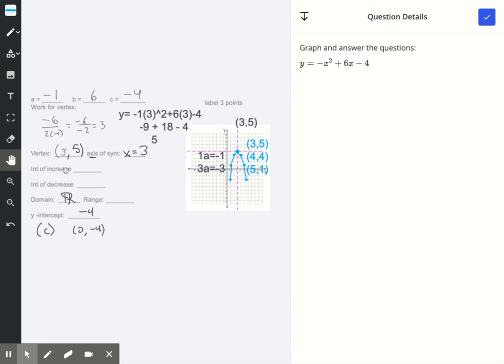Now, the interval of increase and decrease match my axis of symmetry. So see how it's helpful to have this purple line now? Okay. So let's say I was a little rectangular ant.